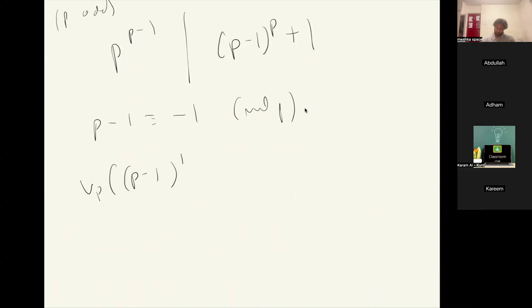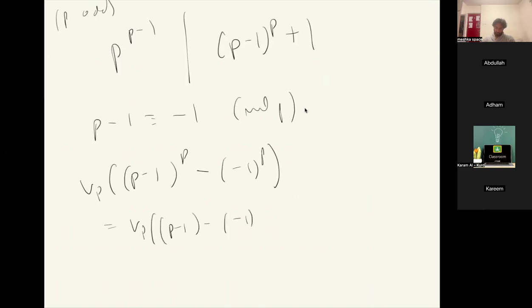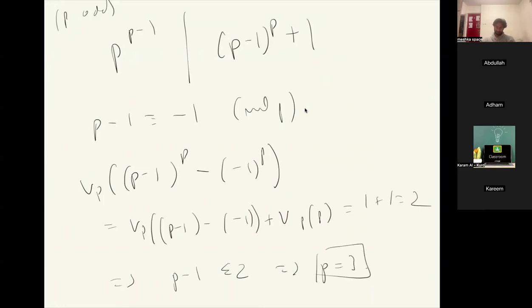So p minus 1 to the p minus negative 1 to the p is equal to vp of p minus 1 minus negative 1 plus vp of p. So the first one is just 1 plus 1 is 2. We get 2 powers of p in there. Okay, so it tells us that p minus 1 is less than or equal to 2. So p is 3. It's only p is 3.